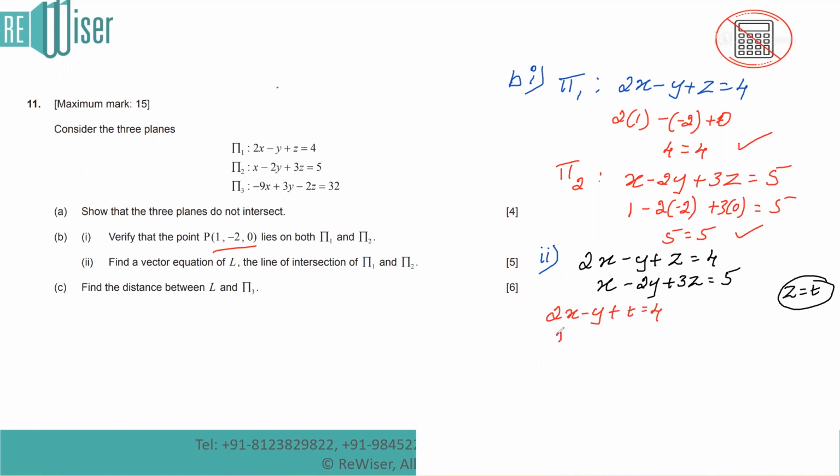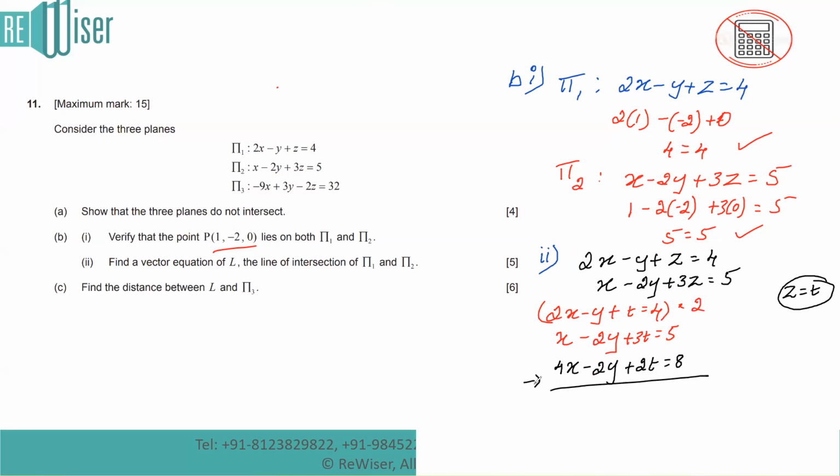And the second equation is going to be x minus 2y plus 3t equals 5. So the first equation, I'm just going to multiply with 2, so that I can solve it by the elimination method. So the first equation can be rewritten as 4x minus 2y plus 2t equals 8.